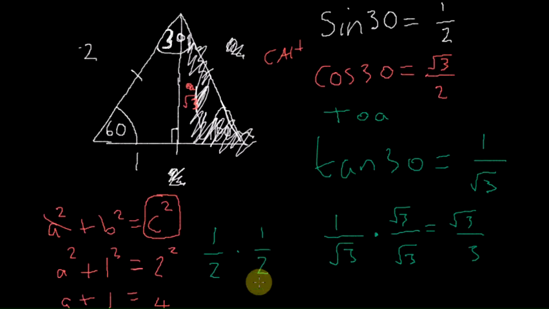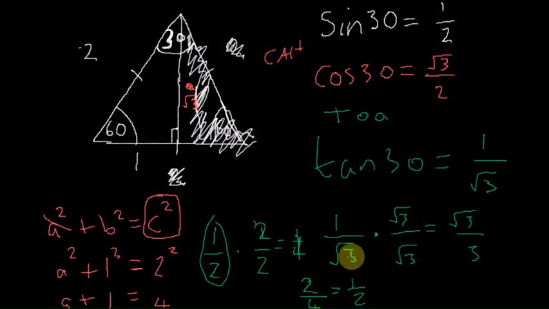But if I times the top and bottom by 2, that means I've got 2 on top. 1 times 2 is 2, 2 times 2 is 4, and that equals a half, which is what we had in the first place. So that's what's going on over here. And there's our answer: square root of 3 over 3.